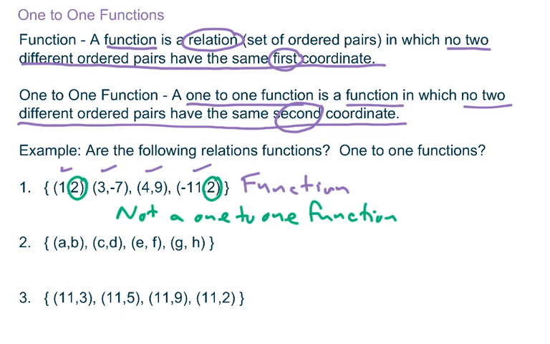Okay? Let's look at the second one. The second one is a reminder that the elements in the ordered pairs need not be numbers. Often they are, but they don't have to be. First of all, to be a function, no two different ordered pairs can have the same first coordinate. All these first coordinates are different, so it is a function.